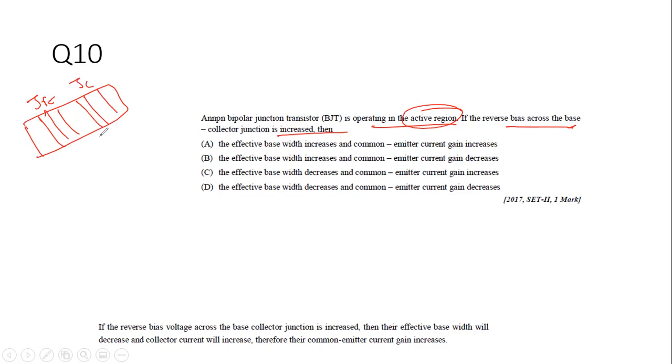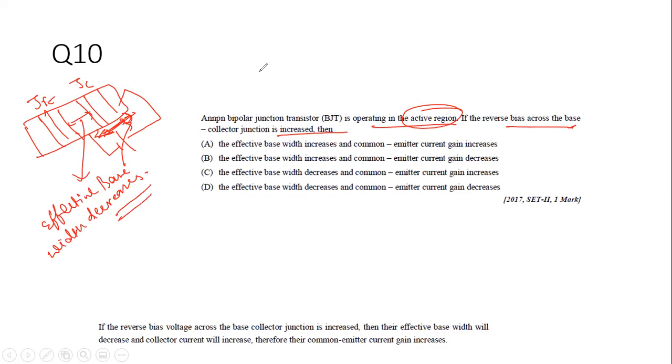This is your JC junction. If the reverse bias potential is increased, the depletion layer will increase, and then the effective base width decreases.